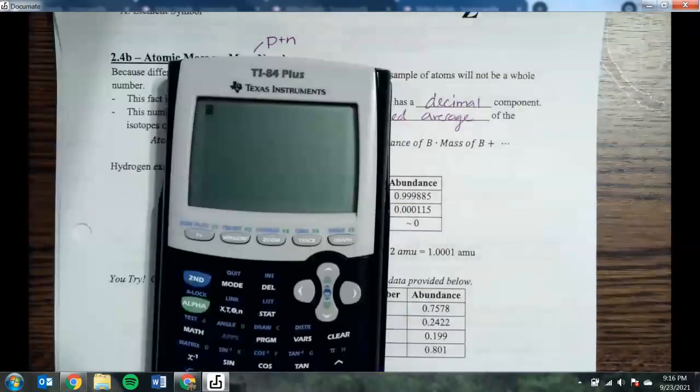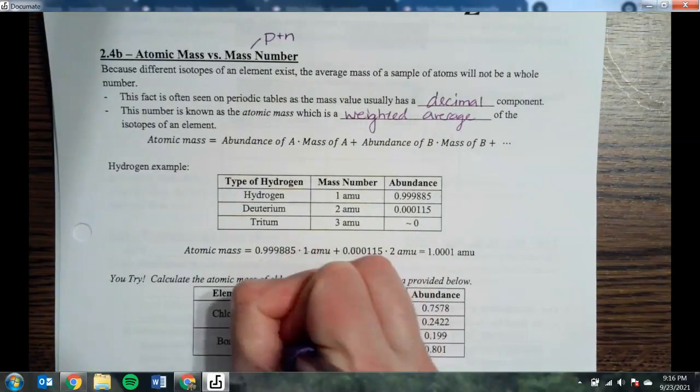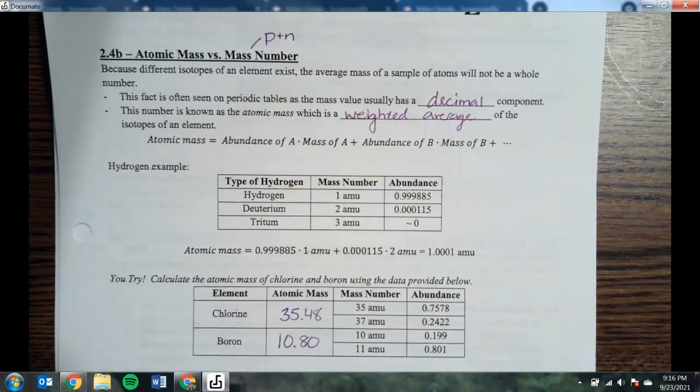We take 10 times its abundance, 0.199, plus 11 times its abundance, 0.801. So I plug that into my calculator and I get 10.80. If we were to think about rounding, this number is much closer to 11. It would round up to 11 versus 10 as a whole number. So that makes sense with our data.